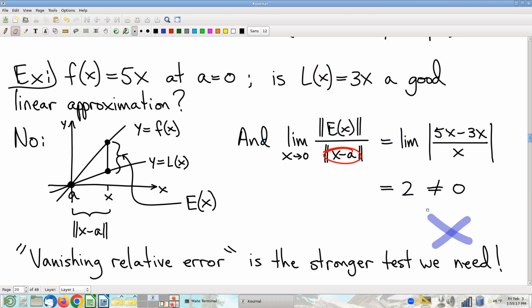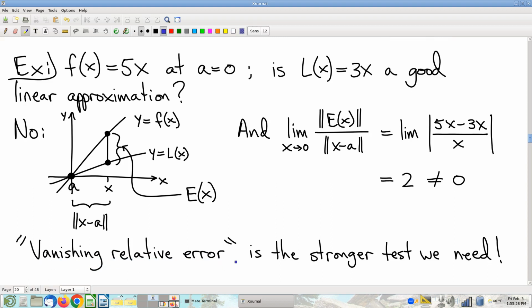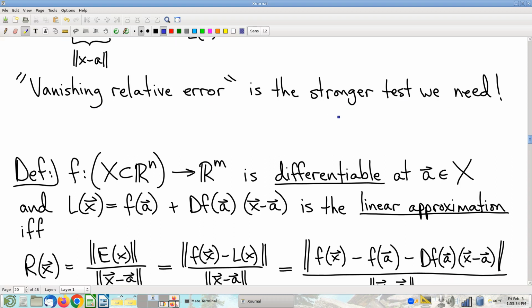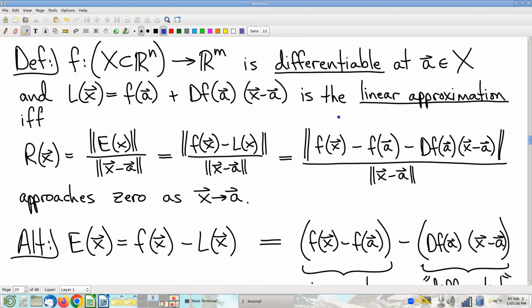So the way we phrase this, we call this vanishing relative error. Vanishing means that it's approaching 0. Relative error, of course, is what we defined above. So this is the criterion that we need to define what it means to have a good linear approximation. And I'm just going to write that down, and there's a bunch of notation to talk about here. But relative error, here it is.